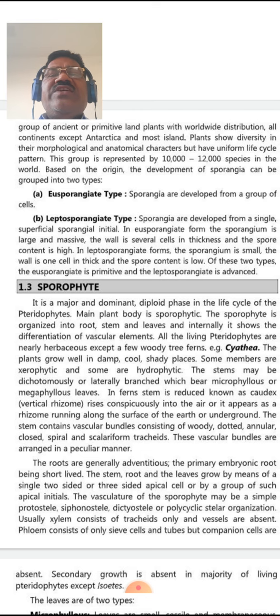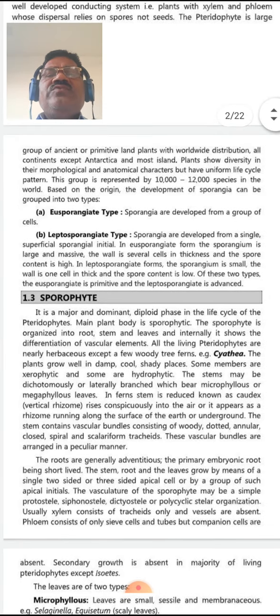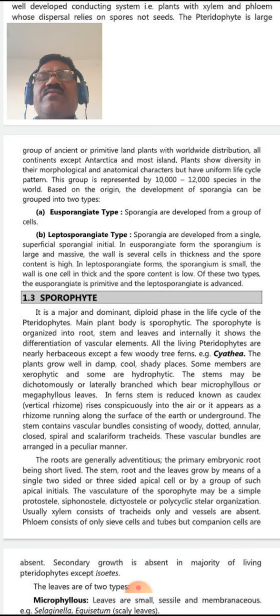In eusporangiate form, the sporangium is large and massive. The wall is several cells in thickness and the spore content is high. In leptosporangiate forms, the sporangium is small, the wall is one cell in thickness and the spore content is low. Of these two types, the eusporangiate is primitive and the leptosporangiate is advanced type.